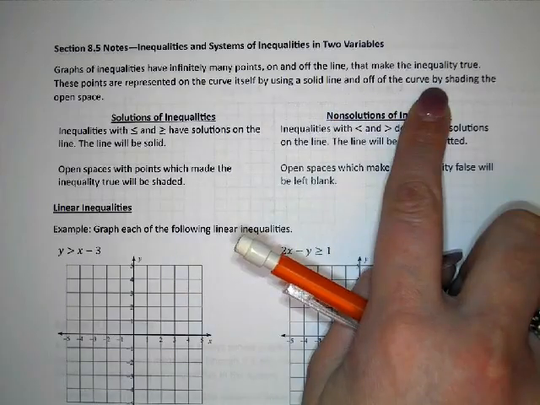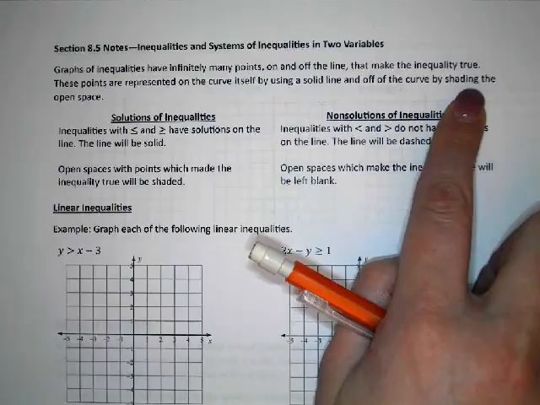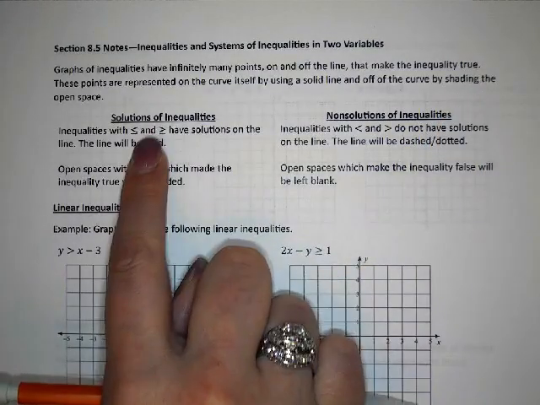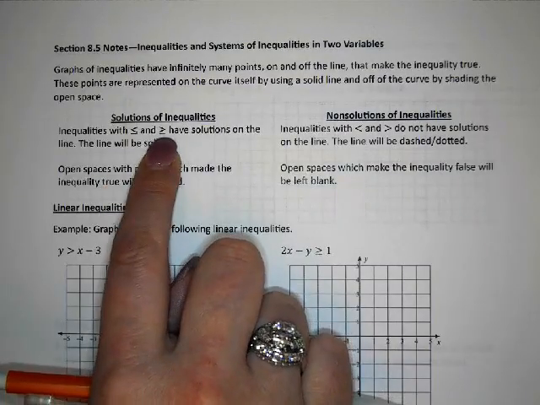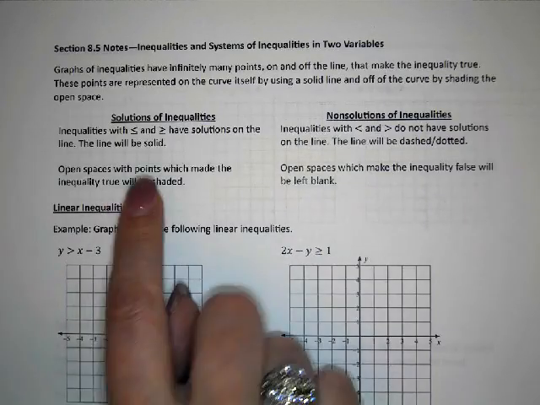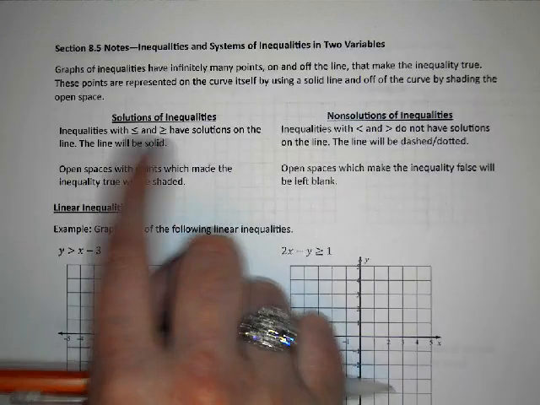The points that are off the curve, and you'll see what I mean in a second, are denoted by shading in the open space. When we have solutions of inequalities, if we have a less than or equal to sign or a greater than or equal to sign, then the points on the line will be solid and they will make the equation true because we will have an equal to sign.